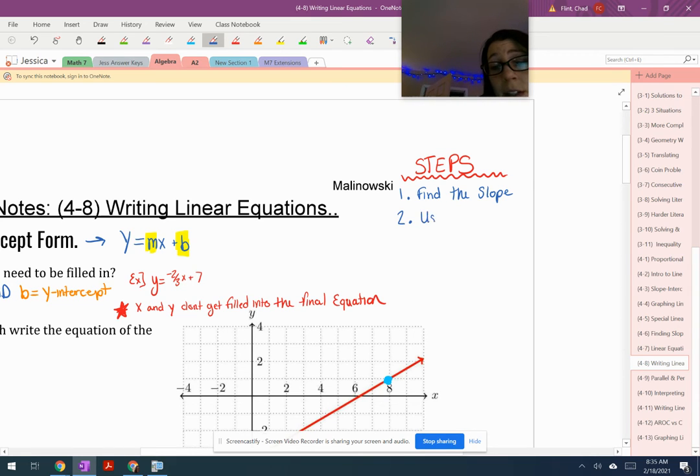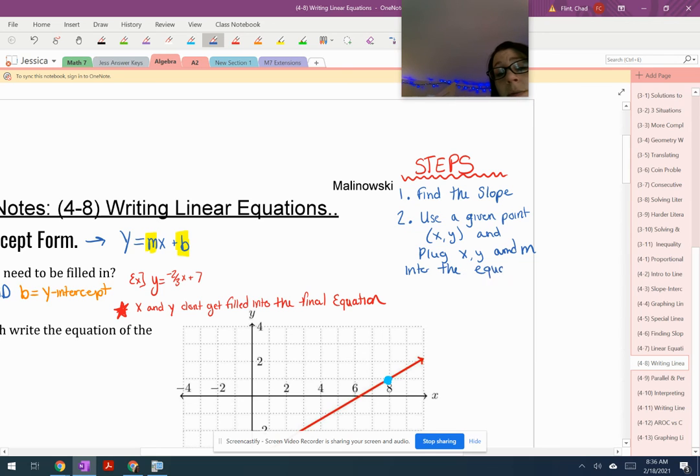Then you're going to need, in most cases, to use a given point. And when I say point, I mean those x comma y's. And plug x, y, and m into the equation. It's a little bit of a lengthy step there. It'll make more sense once you see us do it.